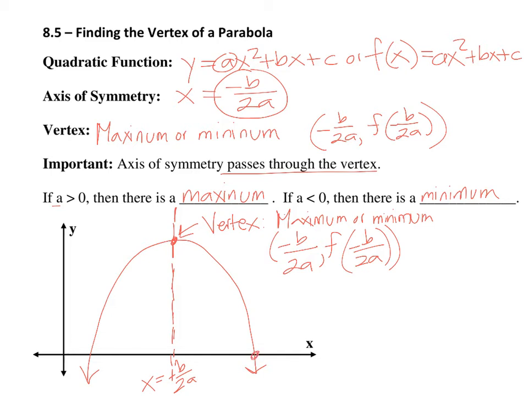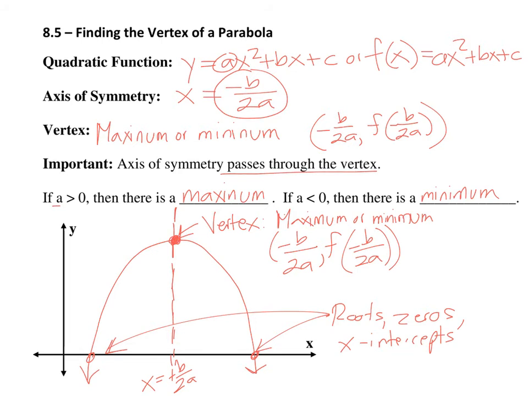Now these are known as your roots, zeros, or x-intercepts. We've been finding the roots or the zeros or the x-intercepts in many of the lessons. But in this lesson, we're finding this point, the vertex, which is the maximum or minimum.